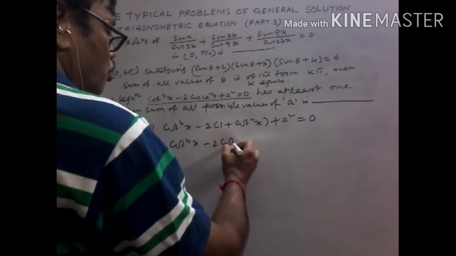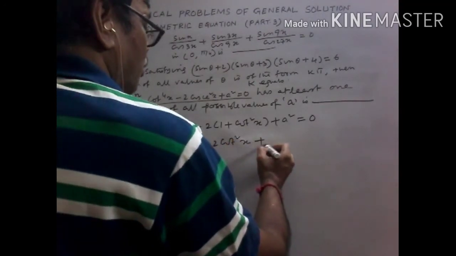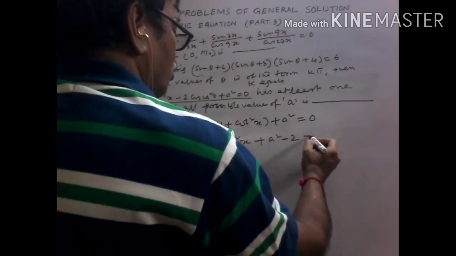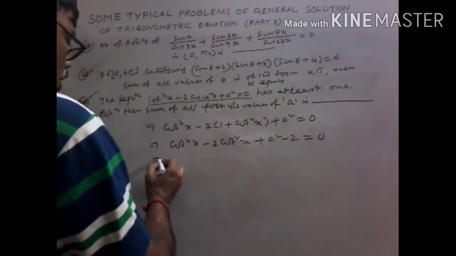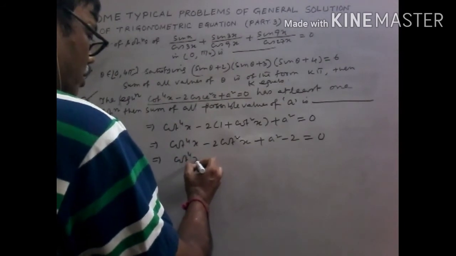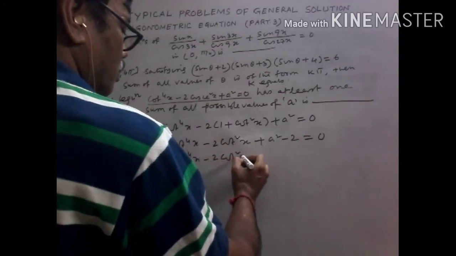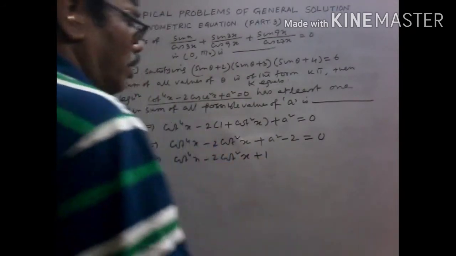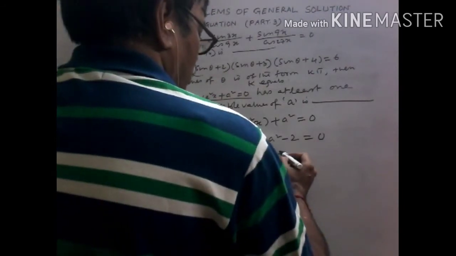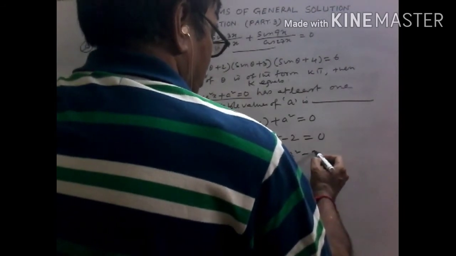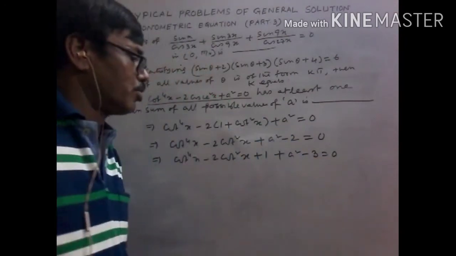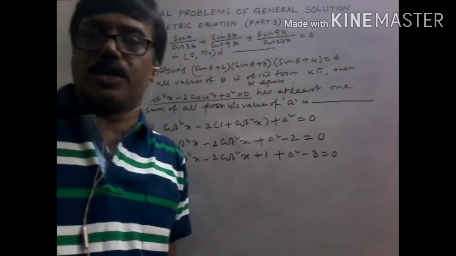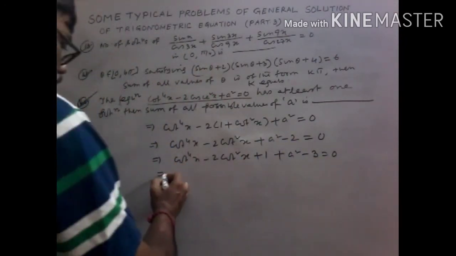Cot to the power 4x minus 2 cot square x plus a square minus 2 equals to 0. So cot to the power 4x minus 2 cot square x plus 1 to make it perfect square, plus a square minus 3 equals to 0.